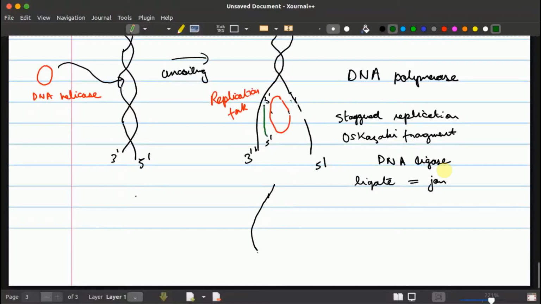You literally taught us more than what we learned in all these years. So after some time, your polymerase should be somewhere up here. Ligase has joined this. So essentially, this is what it will look like.